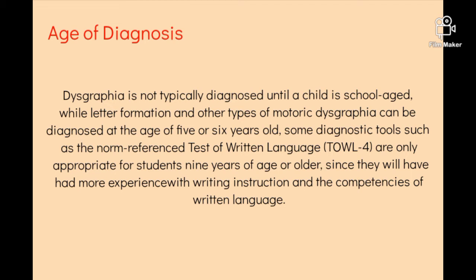Some diagnostic tools, such as the Norm Referenced Test of Written Language, are only appropriate for students 9 years of age or older since they will have had more experience with writing instruction and the complexities of written language.